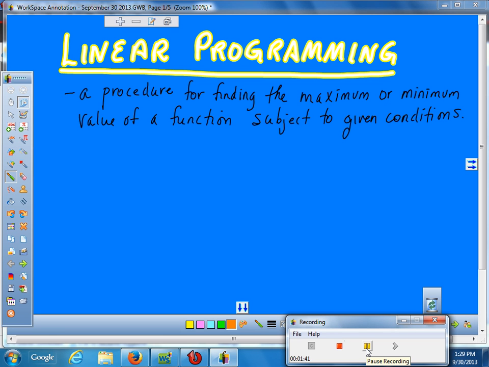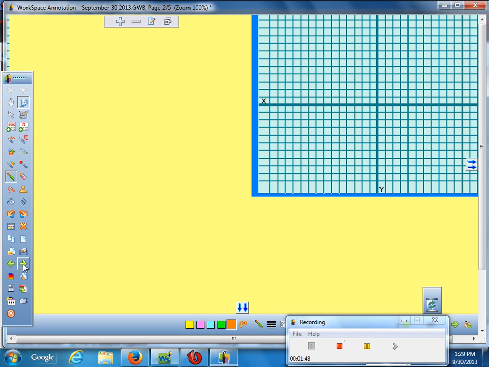The best way you're going to see this is to see a problem. It's the only way to see what's going on. So you're going to need graph paper, because what I'm going to give you is a function and some inequalities. The function is what you're trying to find the maximum or minimum value of, but I said given conditions.